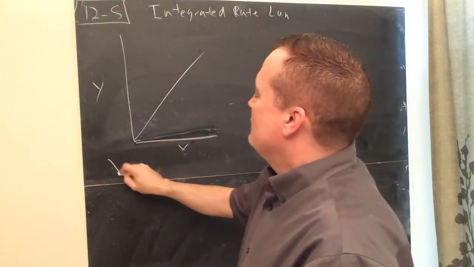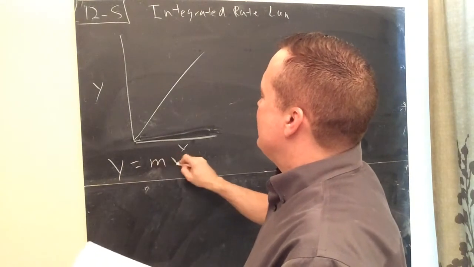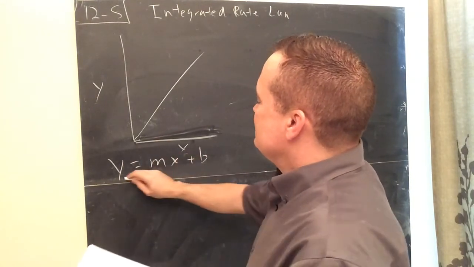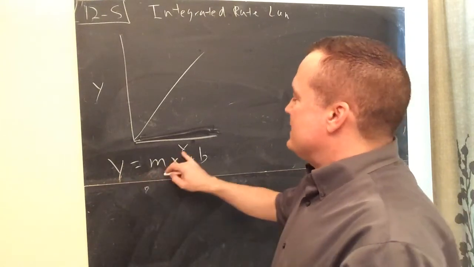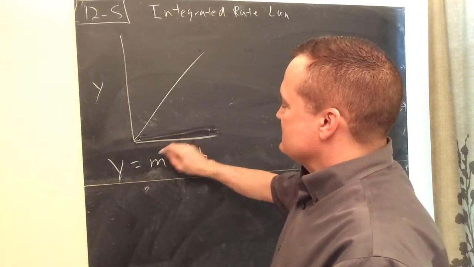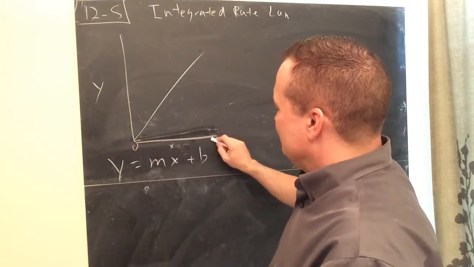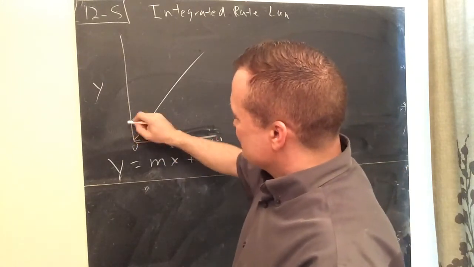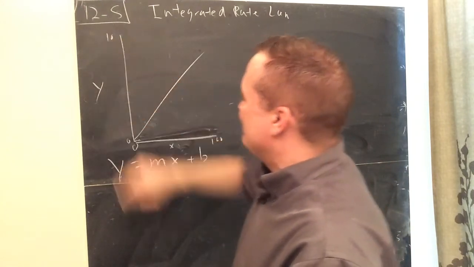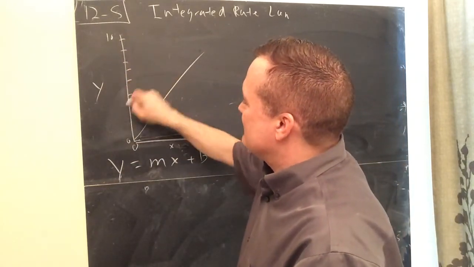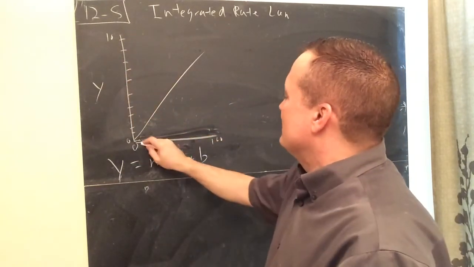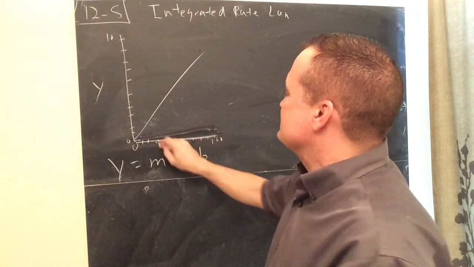For that line, y equals mx plus b. You've seen that equation before. Here's my x-axis, with numbers 0 to 100, and here the y-axis goes from 0 to 10.